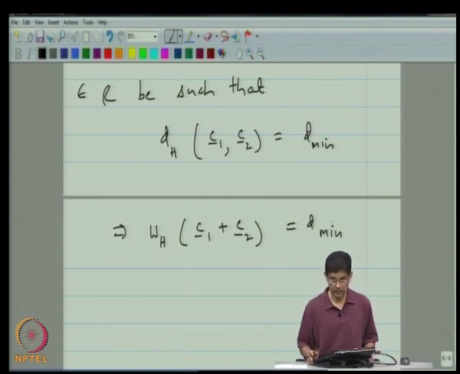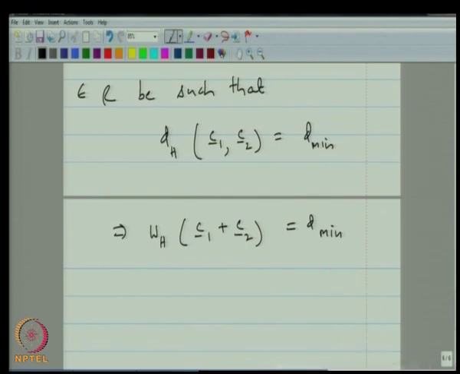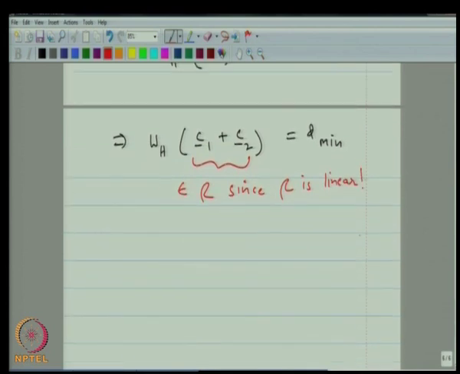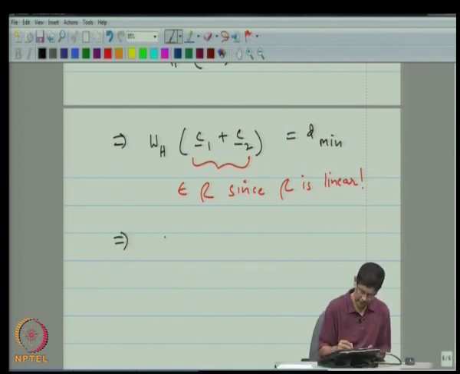Why is that? Because the Hamming distance between a pair of code words is precisely equal to the Hamming weight of the sum of the code words. So, that means you found a code word, and this belongs to C since C is linear. This implies that W min is less than or equal to D min.